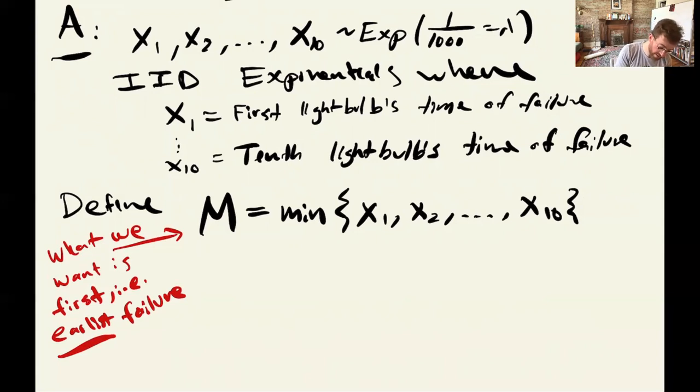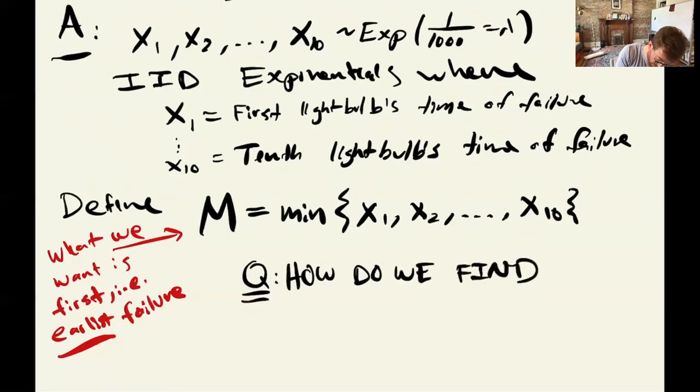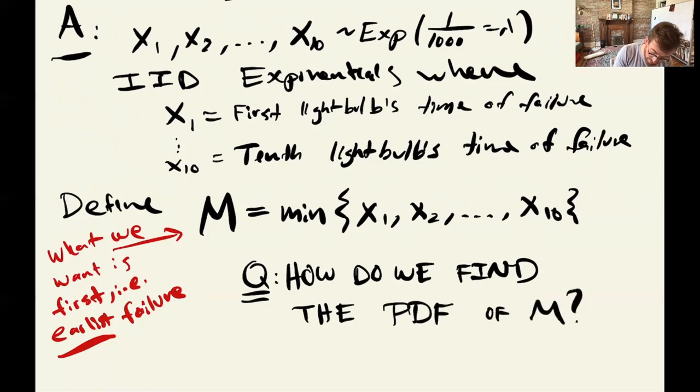So how do we find the PDF of M? Because this is now a new random variable, and in order to compute its average, its expectation, I need to figure out the probability distribution for M, my minimum random variable.